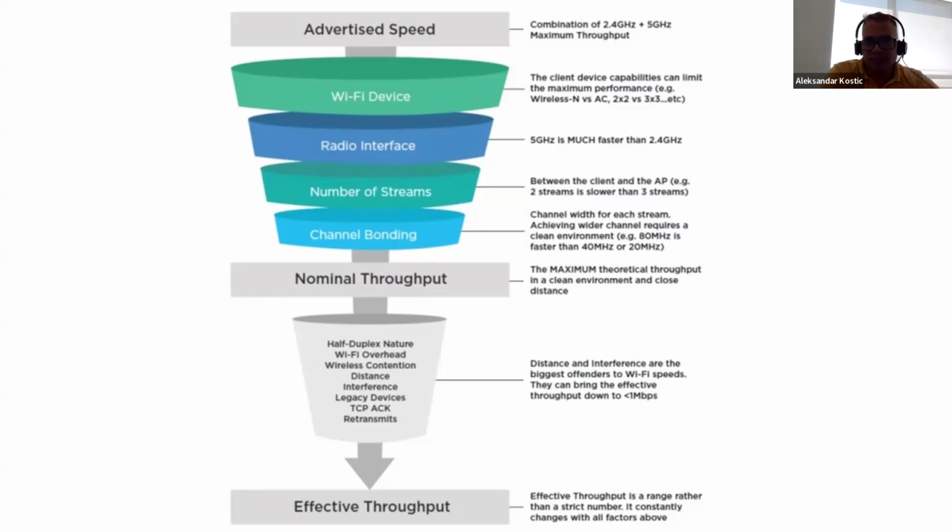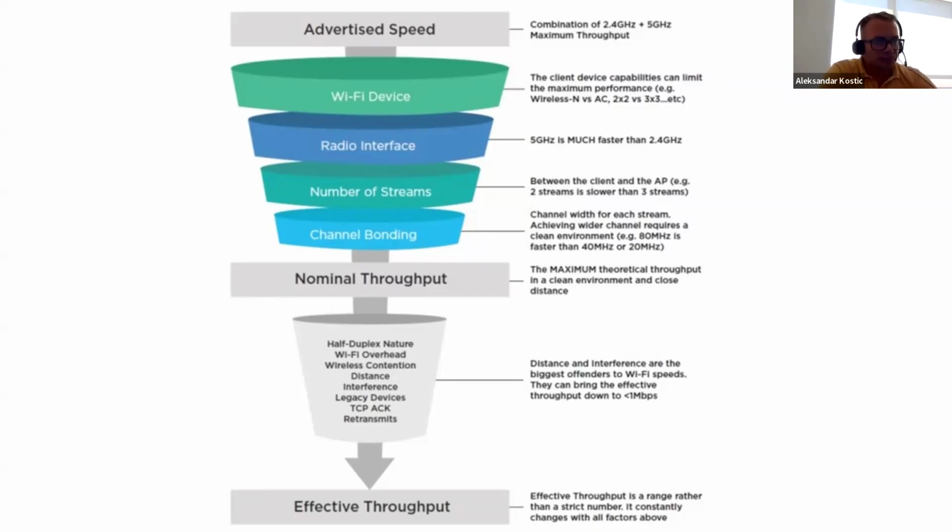Are there any retransmits because of poor connection, et cetera. And when we decrease that part also, which is site related, we come to the effective throughput which we get on the site, which is measured by the end customer.